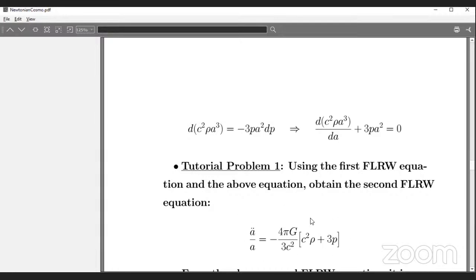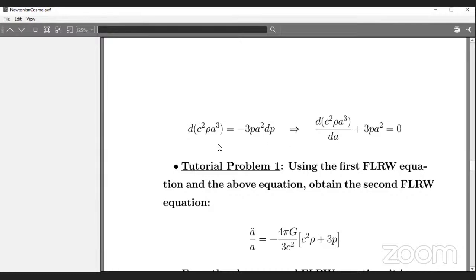This in most textbooks is referred to as the second FLRW equation, but either you can take the energy evolution equation as the second FLRW equation, or a double dot by a equal to minus 4 pi G by 3 c squared multiplied by c squared rho plus 3p as the second FLRW equation.